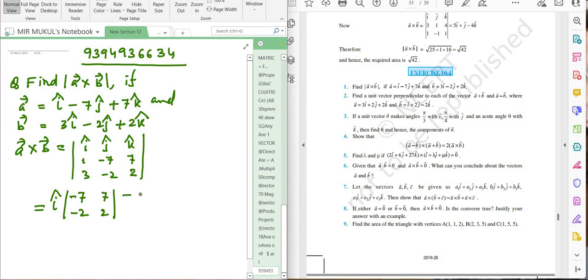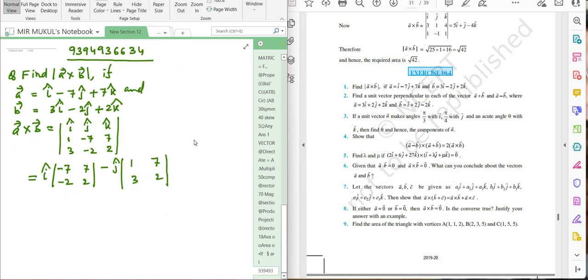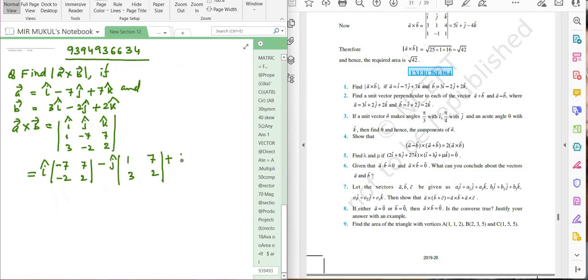Then next will be negative, determinant we have to use, 1, 7, 3, 2, and for vector k, 1, minus 7, 3, minus 2.